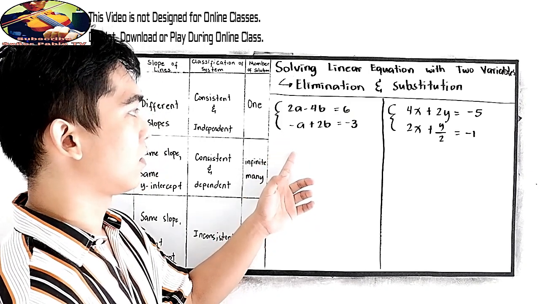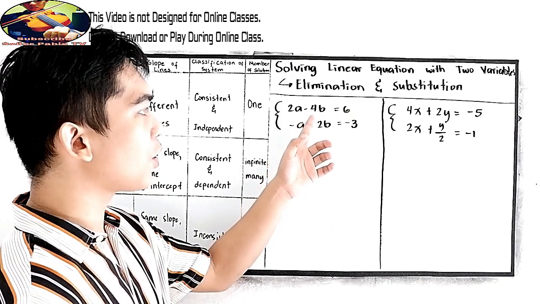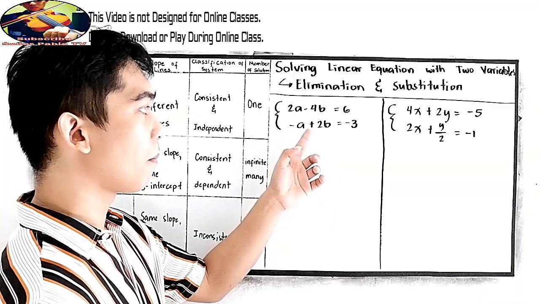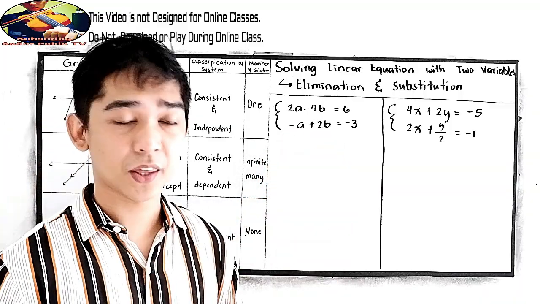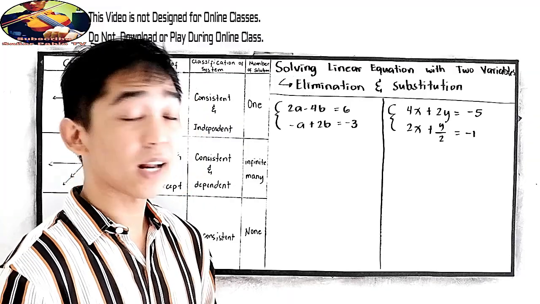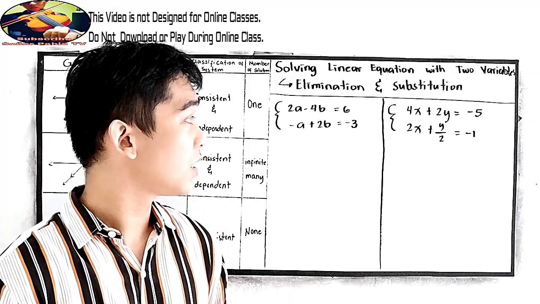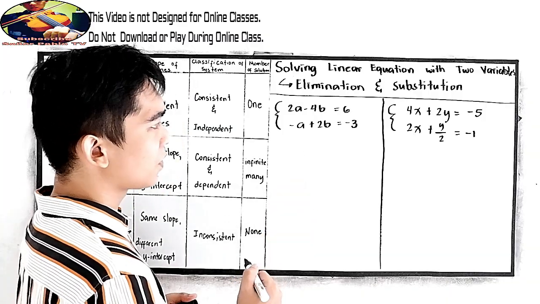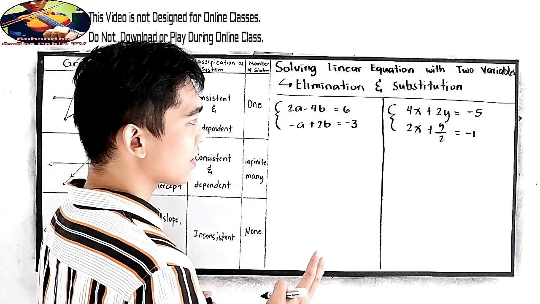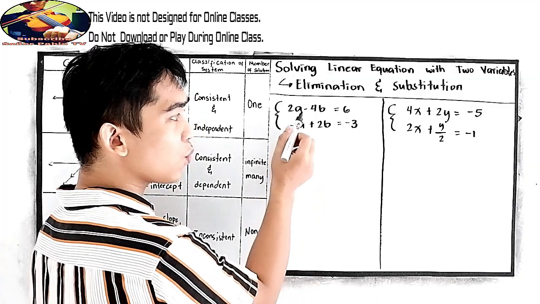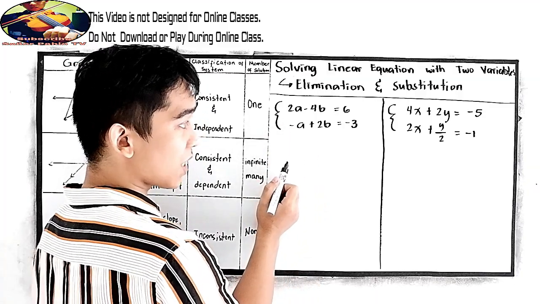1. So 2a minus 4b is equal to 6 and negative a plus 2b is equal to negative 3. We're going to use the elimination method, the easiest way to solve this. Our goal is for the coefficient for a in both equation 1 and equation 2 to be the same.